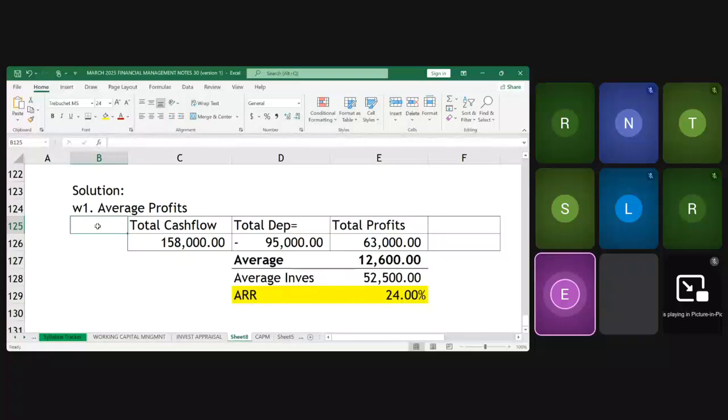We should accept because it's above the required rate. Thank you, Esther. We are going to accept. Why? Because ARR is above what is required.